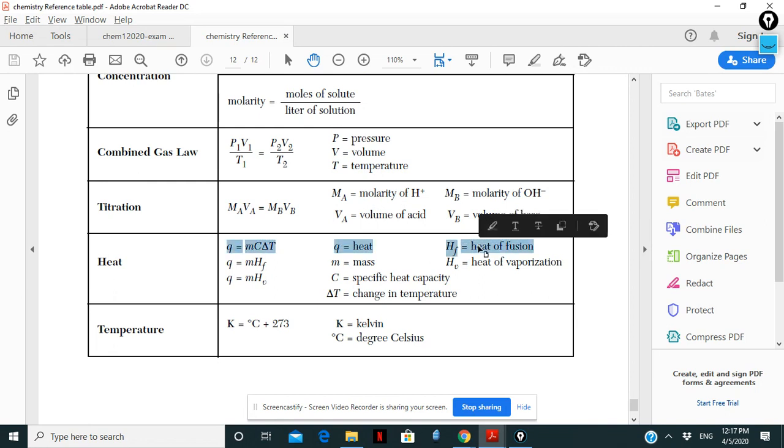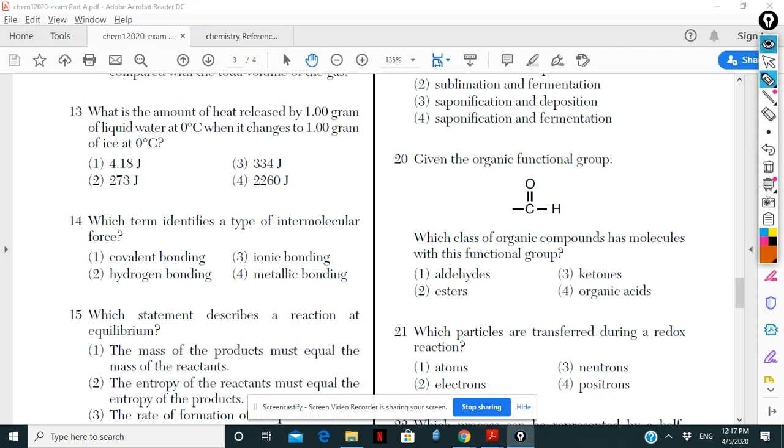So Q equals m times Hf. Now he's giving me 1 gram, and I need to see the Hf.